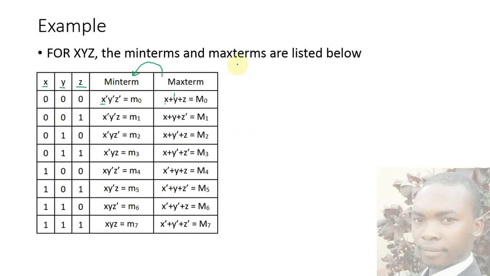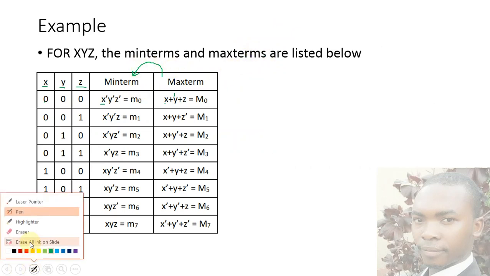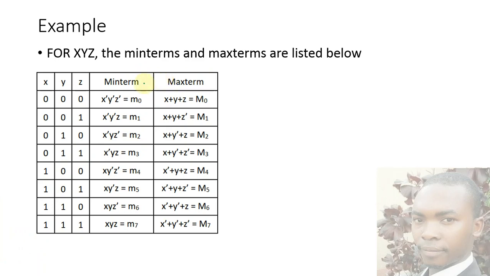All right, sorry for that, let's go on. So this one is an opposite of this. So let's now look at how to get this. If we have x as a 0, that means it is a not x in the min term, and then here it is an x. How can we make this one 1? By just removing the complement.